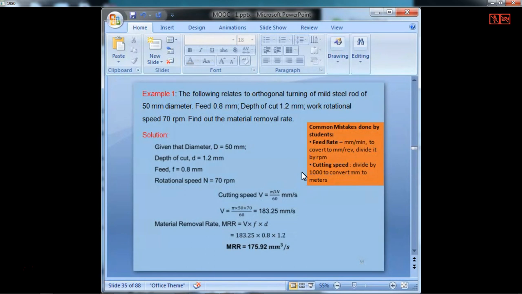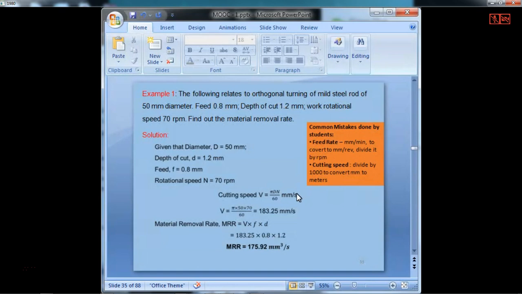So if you want the cutting speed in meters per minute or meters per second, there you see that 1000. And when the feed rate is given in millimeters per minute, to convert into millimeters per revolution, we divide it by RPM.